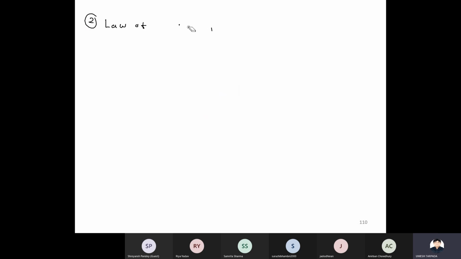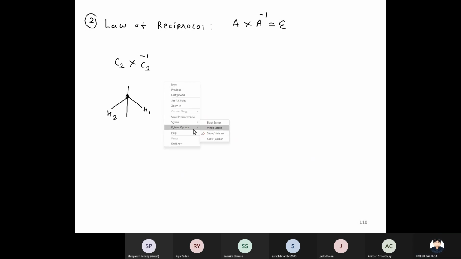This is called the law of reciprocal. Suppose you do C2 and C2 inverse, you can do A into A inverse, so the result becomes the same. You give C2 rotation first anticlockwise, then C2 inverse, that is called clockwise rotation, and then you do C2 inverse similarly. So your result, the C2 inverse clockwise rotation, comes out like this.